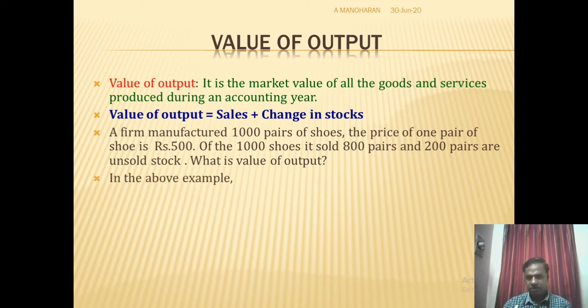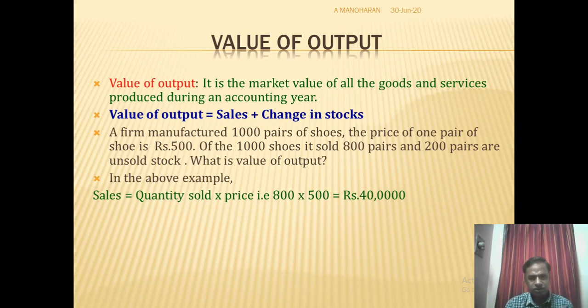You can see here, the sales is the quantity sold, the number of units sold, into price per unit of a commodity. 800 units sold by the firm. The price of one pair of shoes is 500. So you will have the total sales as 4 lakhs.